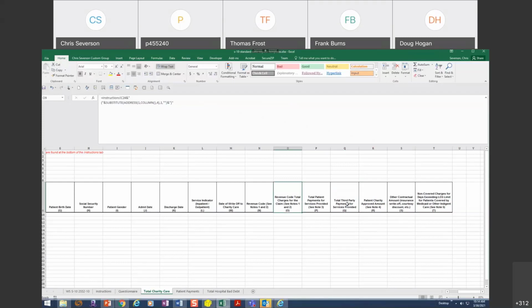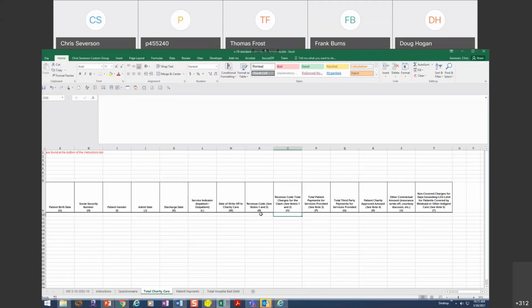The patient may have paid some, but maybe they didn't pay their entire liability yet. So that extra amount just hasn't been disposed of yet. And that's fine. That might happen in another period. Maybe it'll be a bad debt in a later period. That's something different altogether. But we really want to make sure that P, Q, R, and S don't exceed column O. So again, N and O deal with the revenue codes and the revenue code total charges.